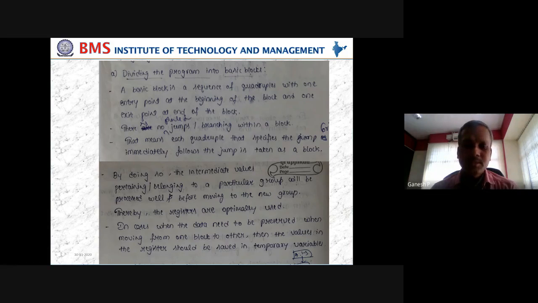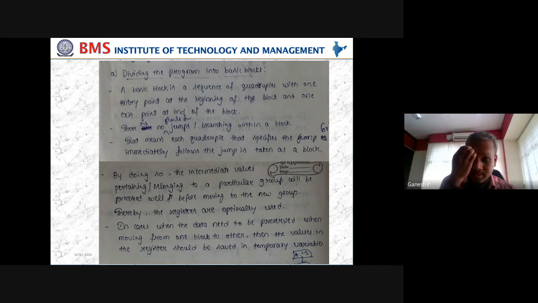Second, since we have registers available wherever possible, we can store the data internally in the processor. So when the next block comes for execution, I can reuse it rather than sending it back to memory and bringing it back to the processor. These are the two advantages of dividing the program into basic blocks.